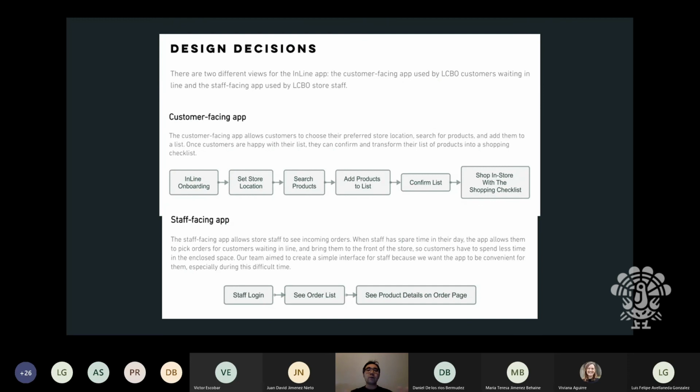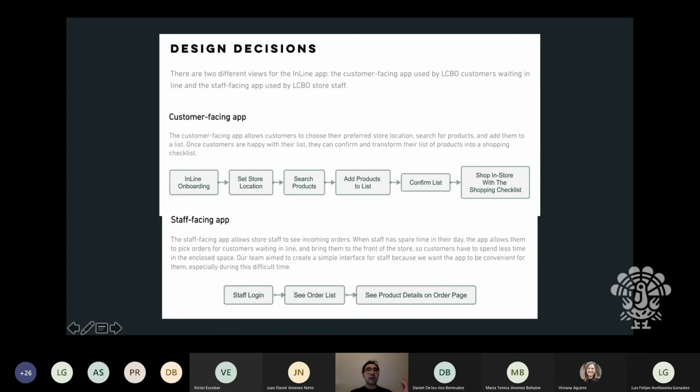So we have a rough flow, okay? We have a customer app that onboards them and shows them how it works. We set the location of the store. They search products. They add products to that shop list. They can confirm it. Okay. And then when they go inside the store, they can pull that list, the shopping list, and buy and leave.